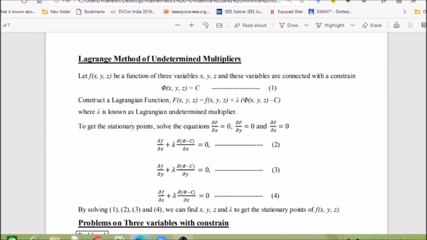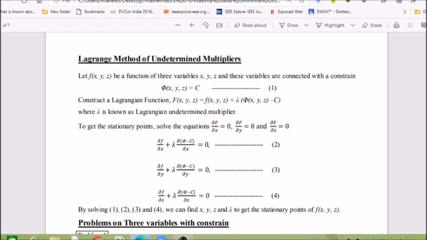Now we'll move into the maxima and minima for a function with three variables connected with a constraint or a condition. Let f of x, y, z be a function of three variables x, y, and z, and these variables are connected by the constraint phi of x, y, z is equal to c.